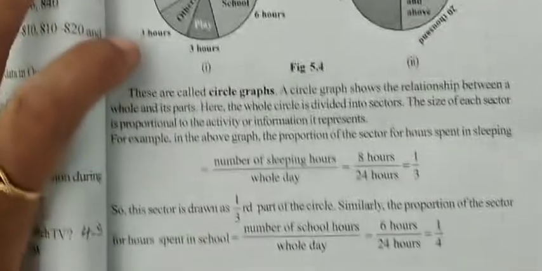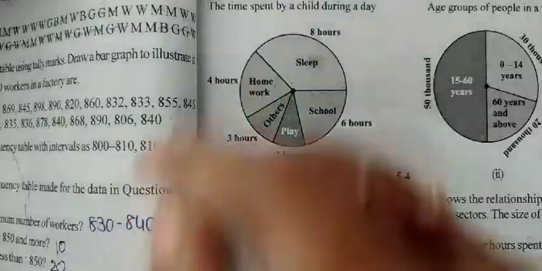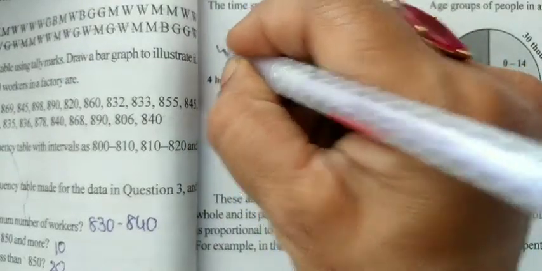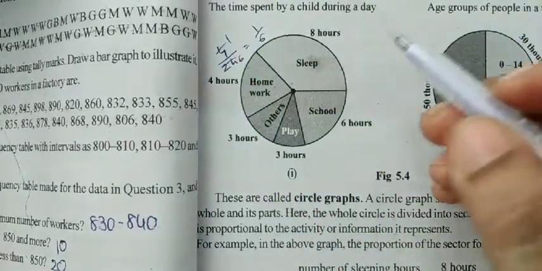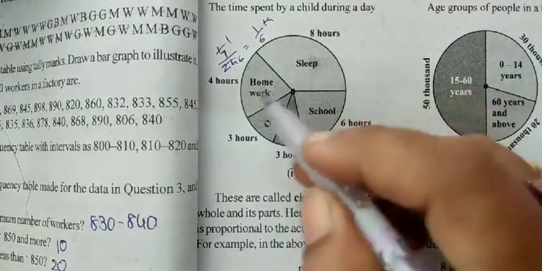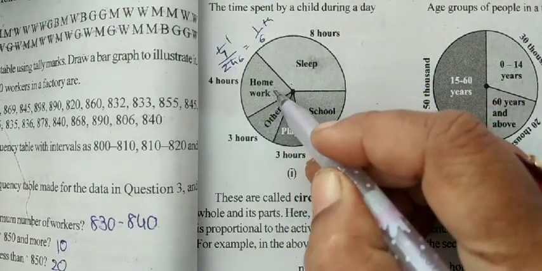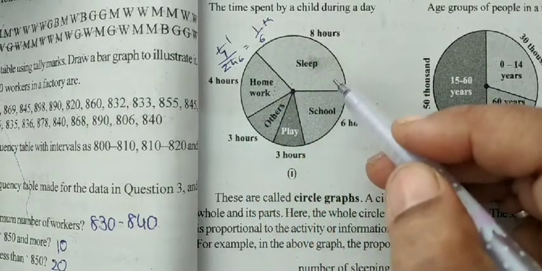Then what will you do? 4 divided by 24. 4 ones are 4 and 6 fours are 24, that is 1 upon 6 part. 1 upon 6th part of the whole is the proportion for the child doing homework.